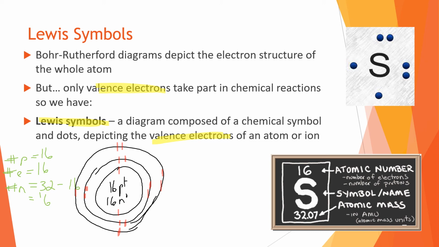The Lewis symbol is taking just the symbol for the element, in this case, S. And with no orbits, just the dots, I'm going to put just the valence electrons around the S, which are the electrons in the outermost shell, and I'm going to write them in the exact same way you see them in the shell.